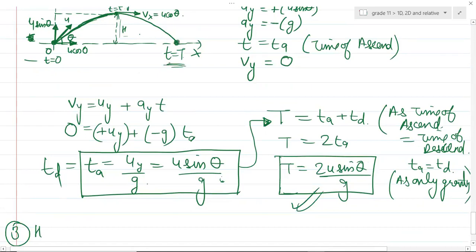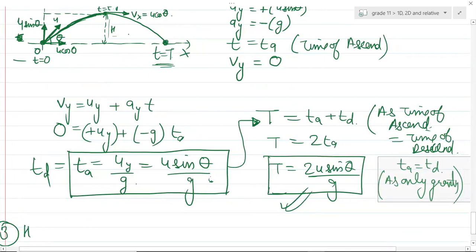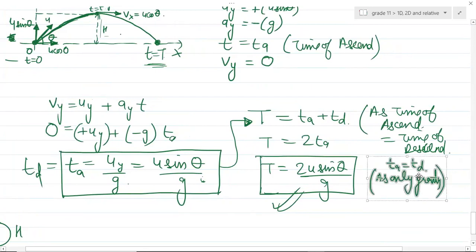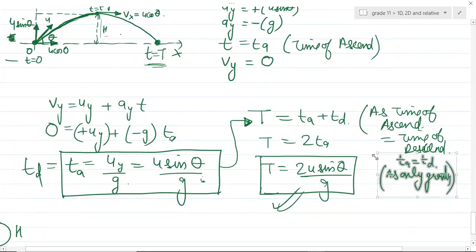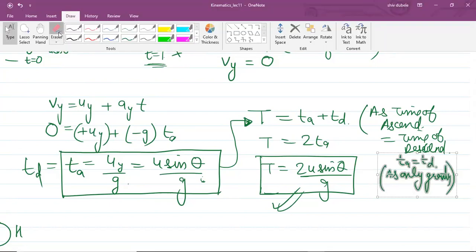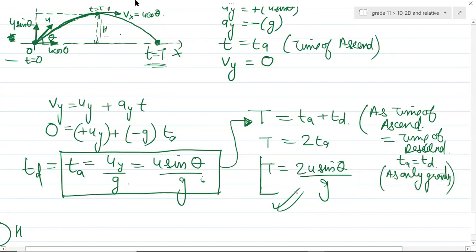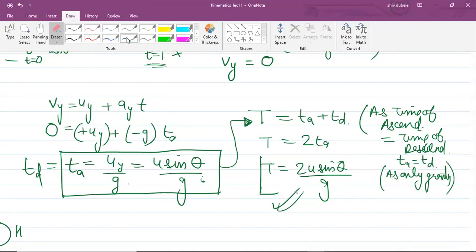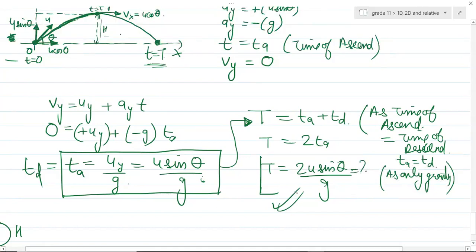Whatever the time was there, that will be your time of flight, and it is equal to 2u sine theta by g, or twice of u sine theta by g.